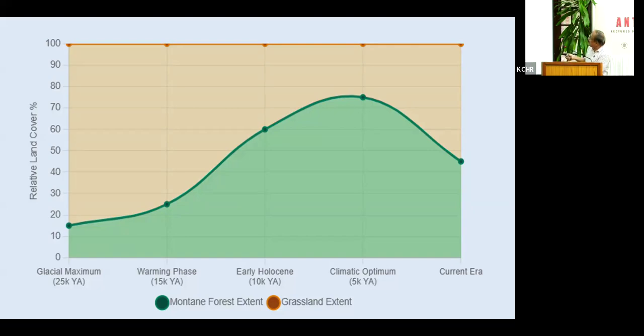It reached the maximum forest cover, and then again it is descending. We don't know whether it is a normal distribution curve.